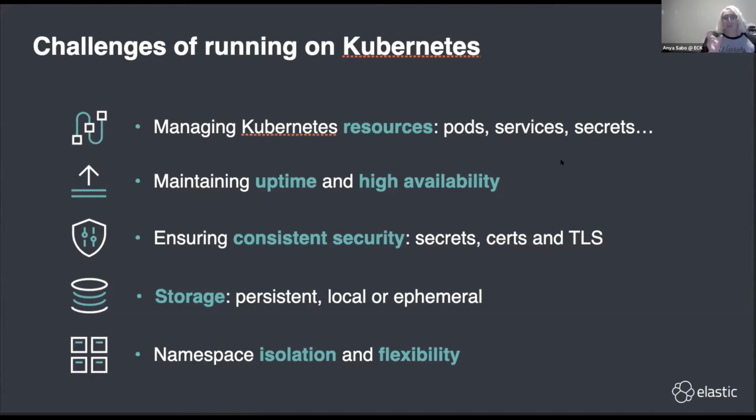For a simple version, you can think of that as just one container or one instance of your application. And services are kind of like load balancers. Secrets are exactly what they sound like. They're any kind of secret configuration or credentials. All these things are really common to need to deploy any application, but those are already a lot of parts that need to be orchestrated and tied together to form a cohesive whole.